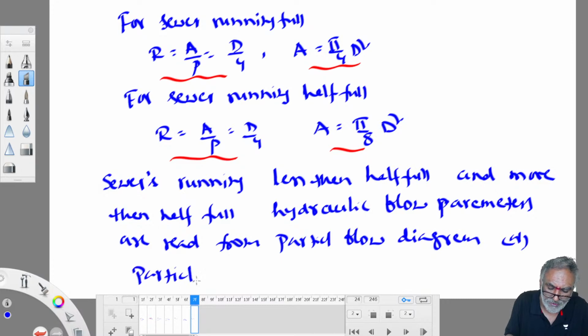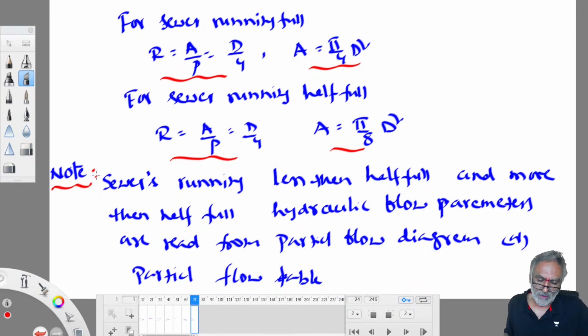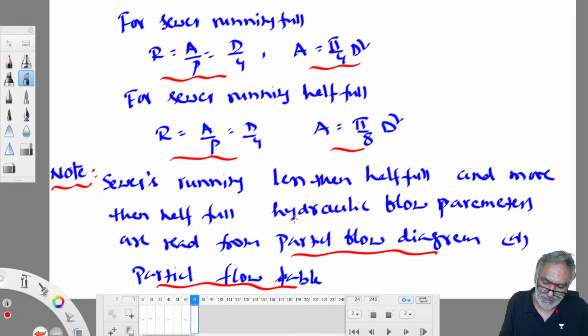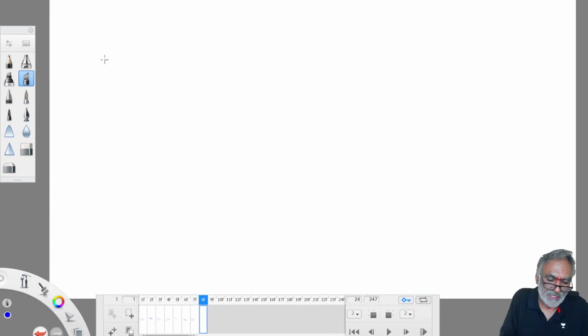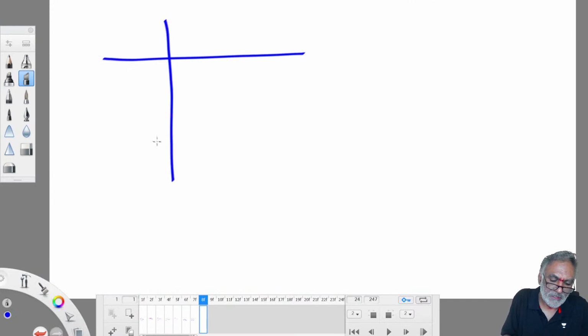That's a point you have to remember. Okay? This is the note. For sewer running full, more than half full, less than half full, a partial flow diagram or partial flow table is used to find these hydraulic flow parameters.